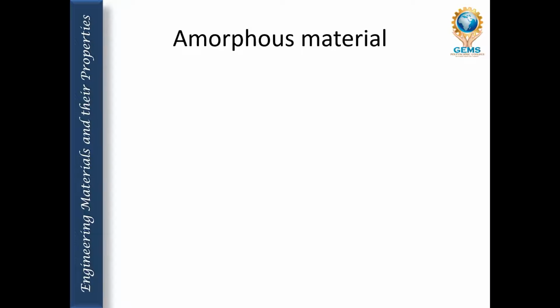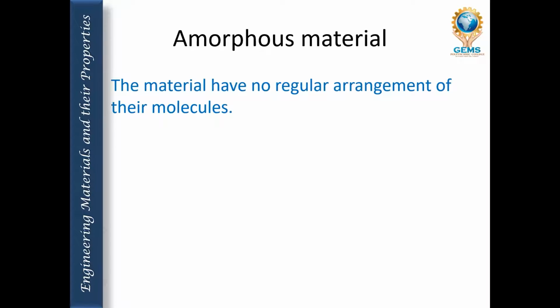Amorphous material. The amorphous material is a material that has no regular arrangement of its molecules. In other words, in condensed matter physics and material science, an amorphous or non-crystalline solid is a solid that lacks the long-range order that is characteristic of a crystal.